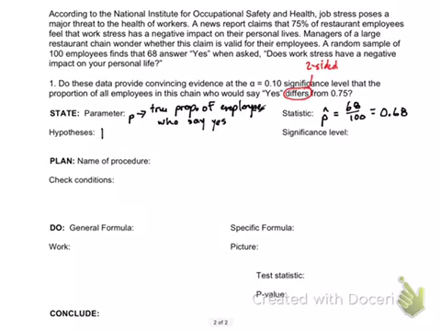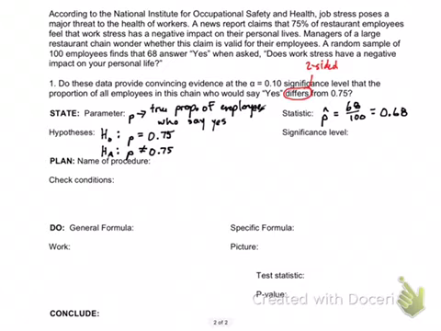Our hypotheses. We have the null hypothesis, which is that the true proportion is exactly what that estimate was, 75%. So let me write that as 0.75. Our alternative hypothesis is not going to be that p is greater than or less than. Our alternative hypothesis is that p does not equal 0.75.